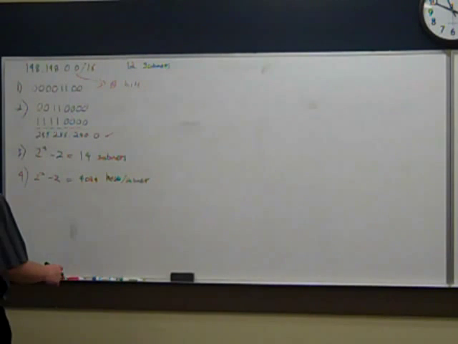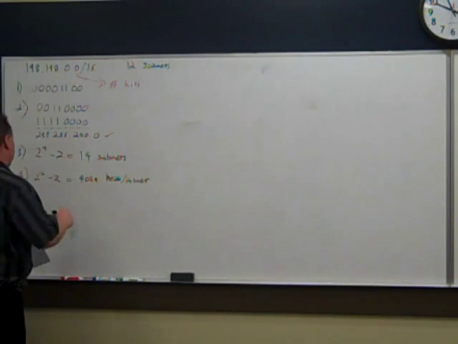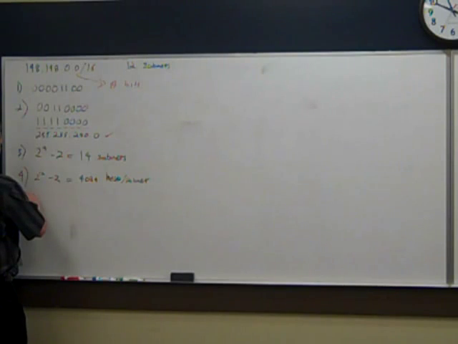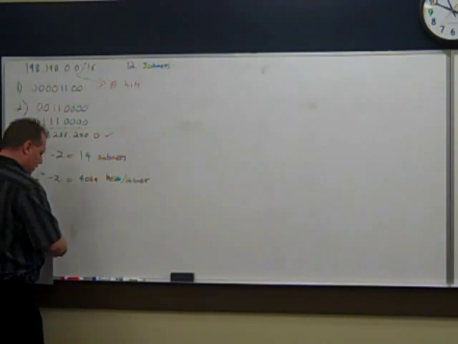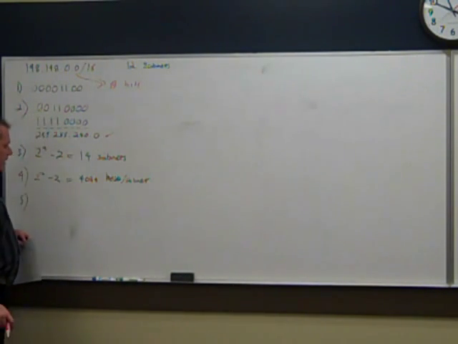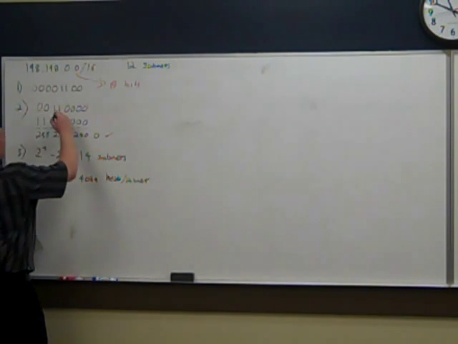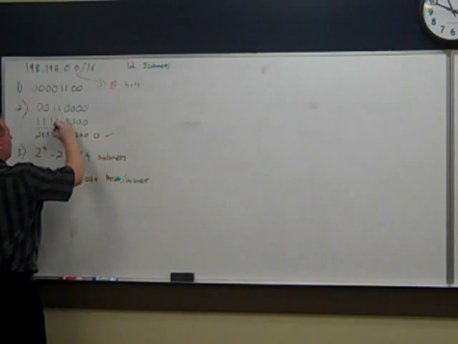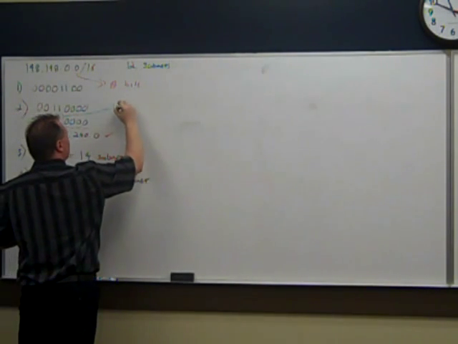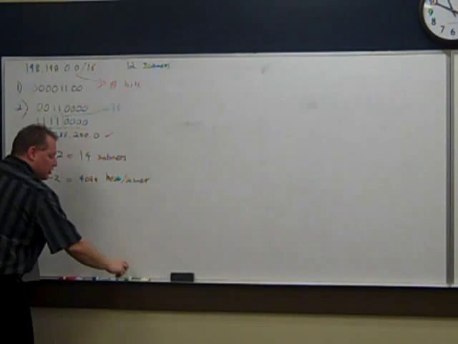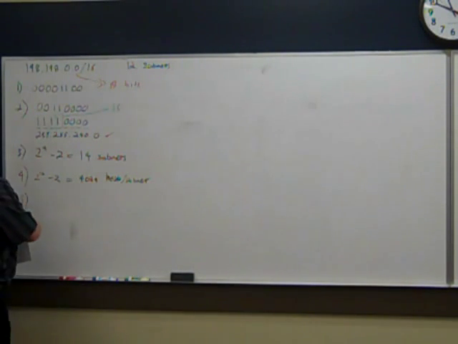Now let's figure out the block size so we can show the range of addresses and the valid IDs. The block size is equal to the lowest bit that we borrowed. That value is 16 in this case.